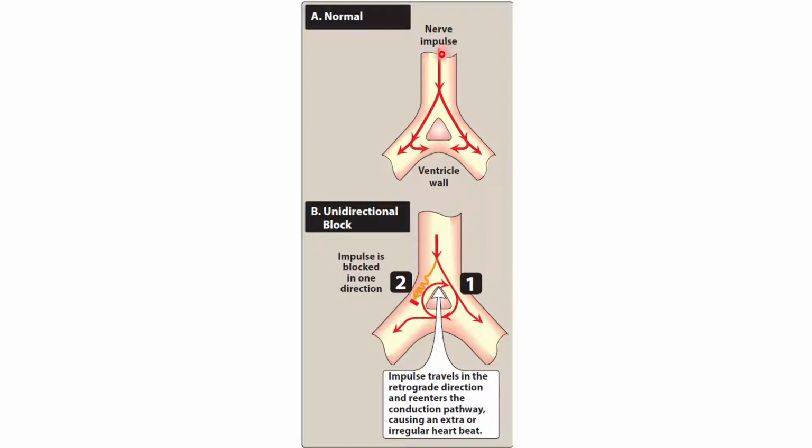So when the nerve pulse travels, and if there is a block in some part, then that can lead to the reverse of the conduction. So the conduction will travel a different way, and also sometimes it leads to re-entry.